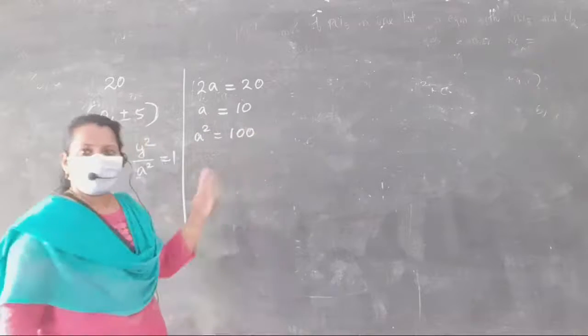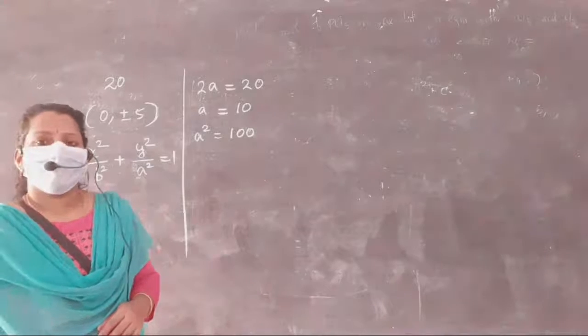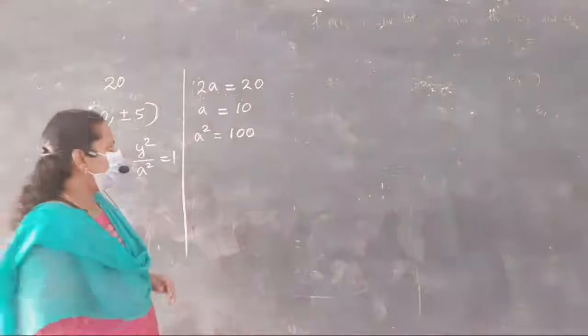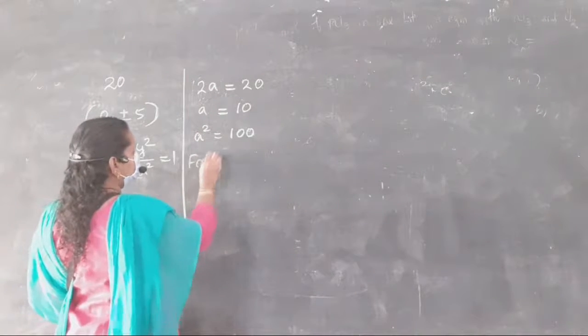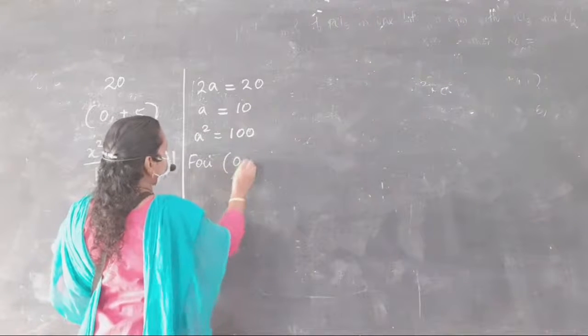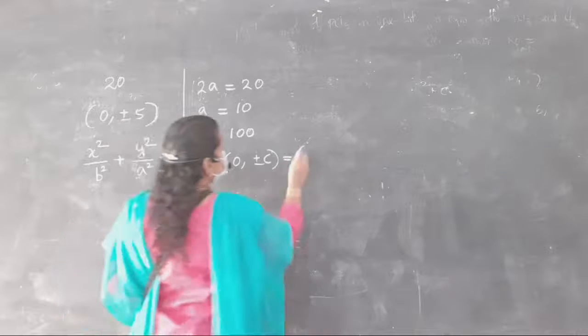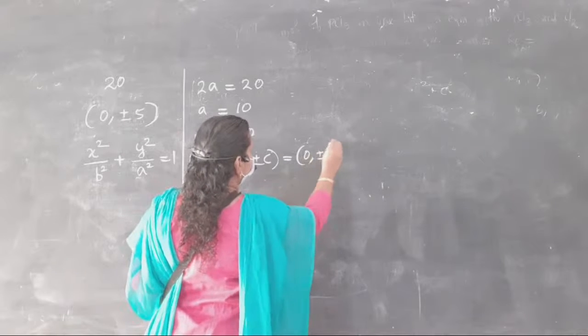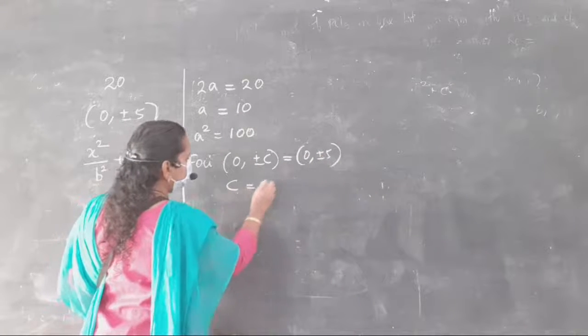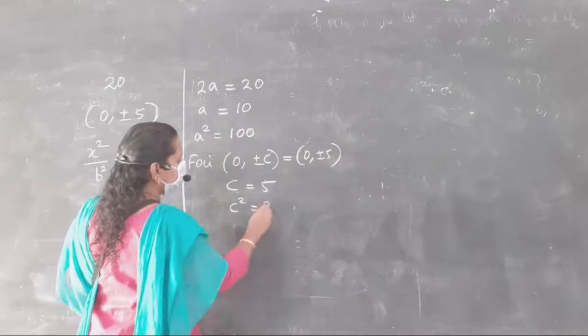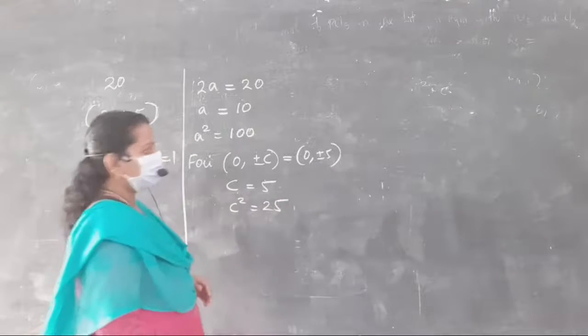When you find a, also find a square. a square equal to 100. Then foci (0, ±c) equal to (0, ±5), that is c equal to 5. c square equal to 25.